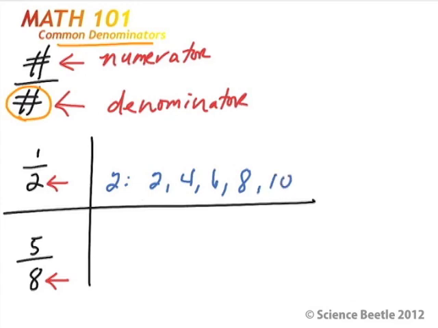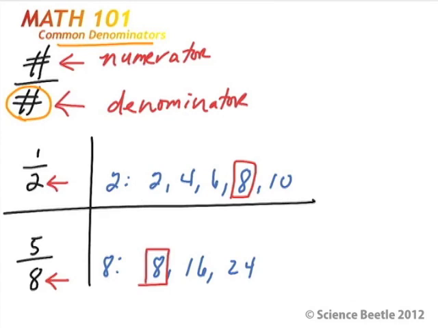The multiples of 8 are 8, 16, 24. In fact, we don't have to go any further because we just found one. The 8 is a multiple of 2, and it's also a multiple of 8. So here we have the common denominator, which is going to be 8.